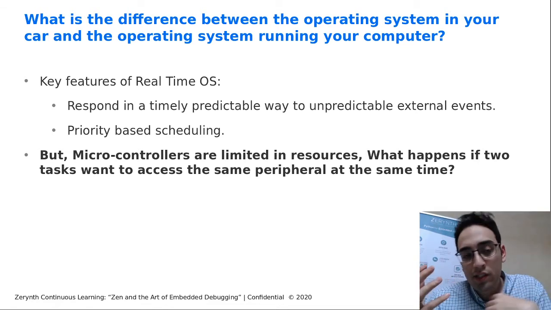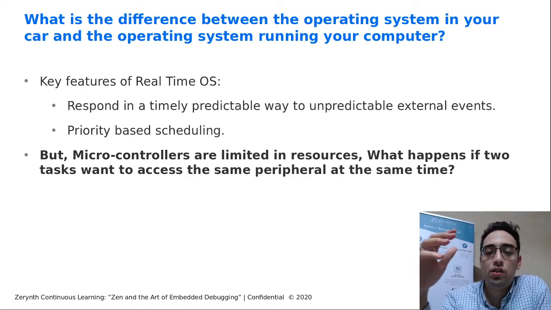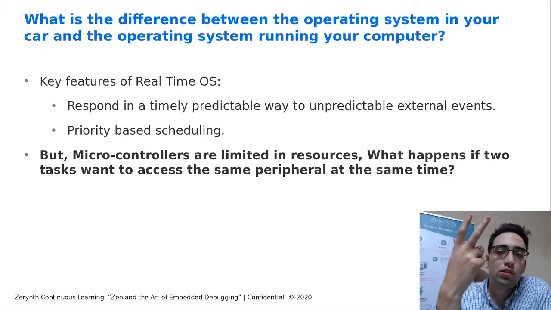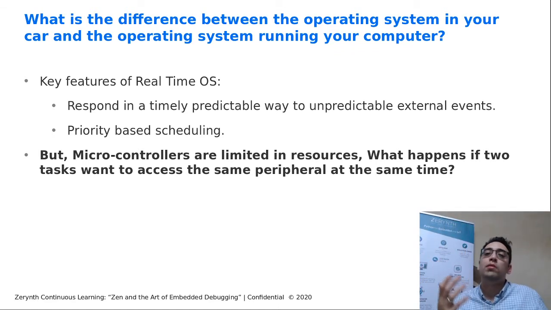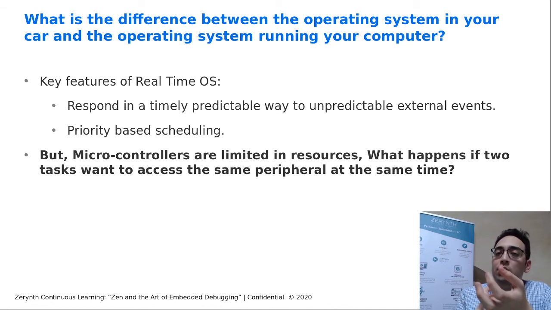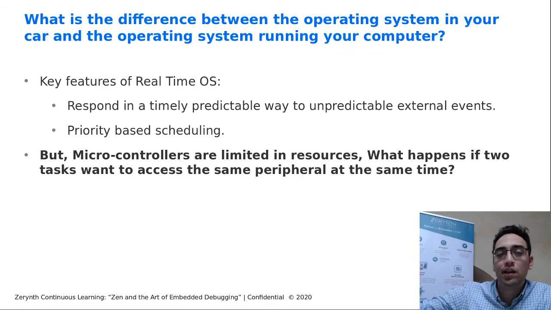But this begs the question. Microcontrollers are very limited in resources. So what happens if two tasks want to access the same resource? For example, you might work on microcontrollers that have a certain number of timer peripherals. A timer is something related to timing. It's related to doing a certain task every 10 seconds, every second, whatever.